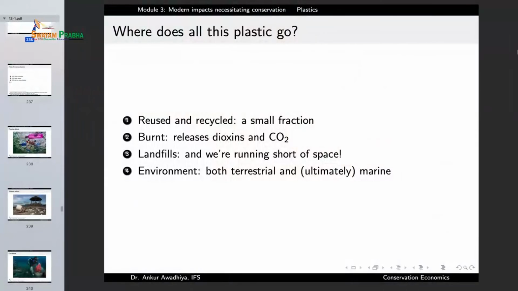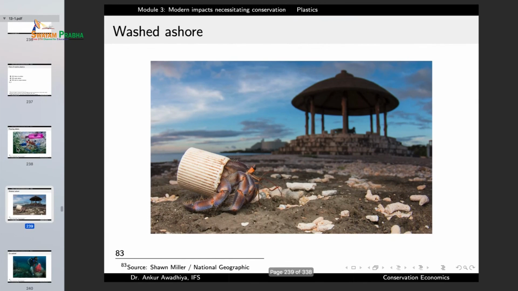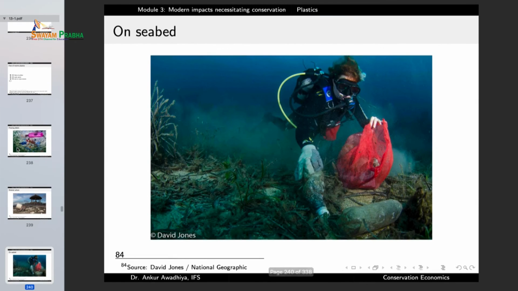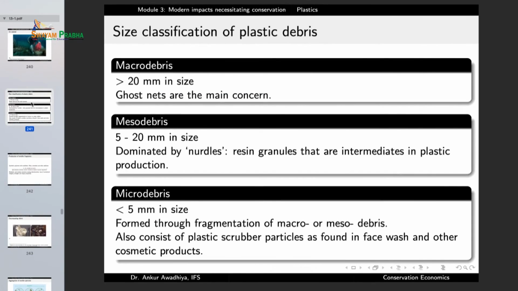The rest are treated in different ways. They are burnt, which releases dioxin and carbon dioxide. Otherwise, they are put into landfills, and we are already running short of space, or they get released into the environment, such as the floating plastics or the plastics that wash to the shore or the plastics that sink to the bottom of the seafloor.